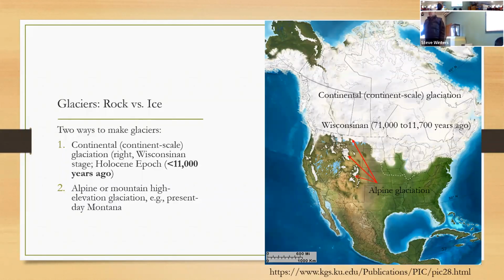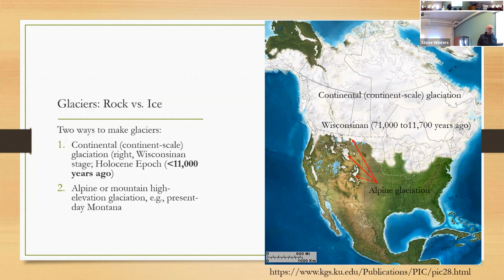There are two kinds of glaciers. Actually, both are up there, or what were up there. You have continental glaciers, which are on a scale of the entire continent. They occur because regional hemispheric climate plummets, temperatures drop, and there's more formation of ice than there is melting. Glaciers will form. You can also have alpine and mountain glaciers.